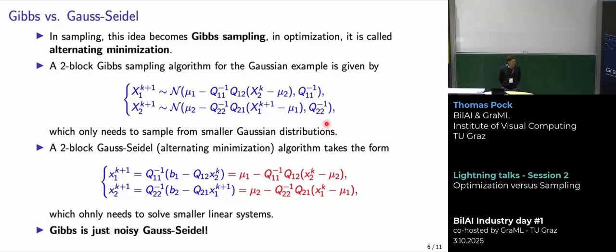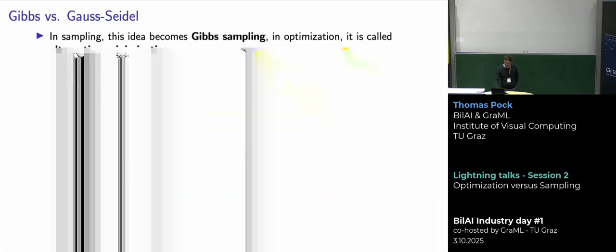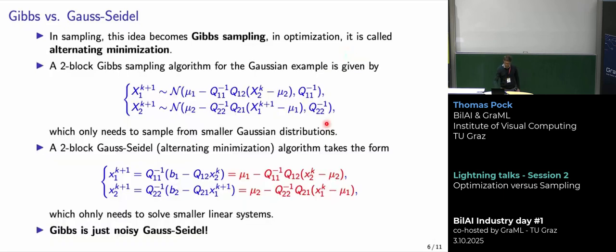And again, in sampling and in optimization, there are two distinct approaches which are very much related. In sampling, this is block sampling. This means we split up our problem into two vectors, x1 and x2, just split them up. And now it turns out we only need to provide samples from a lower dimensional Gaussian distribution. And then we have this alternating sampling strategy, and this is exactly the two-block Gibbs sampling algorithm.